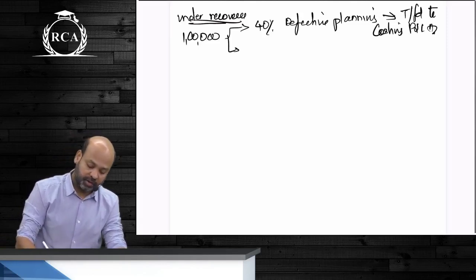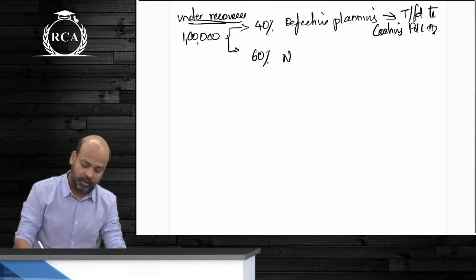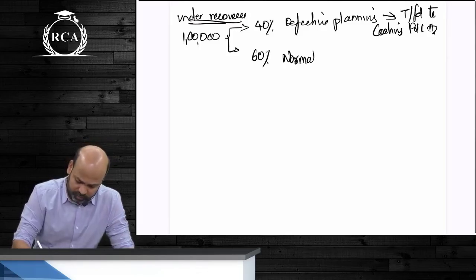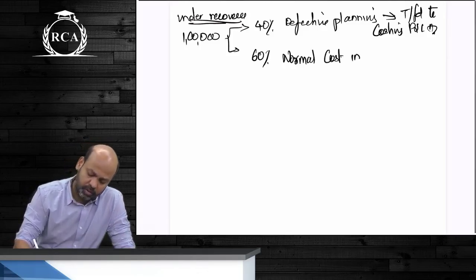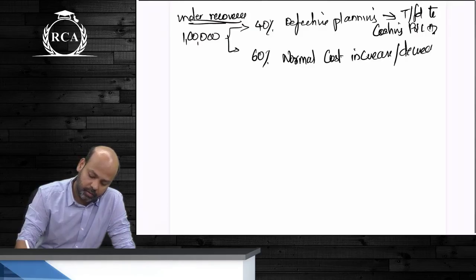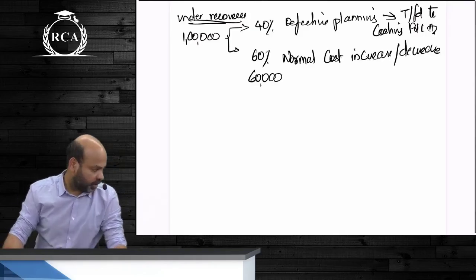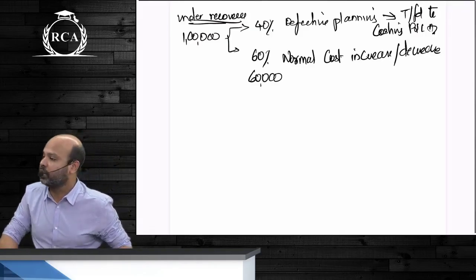The remaining 60%, beta, is due to normal cost increase or decrease, and that is 60,000.